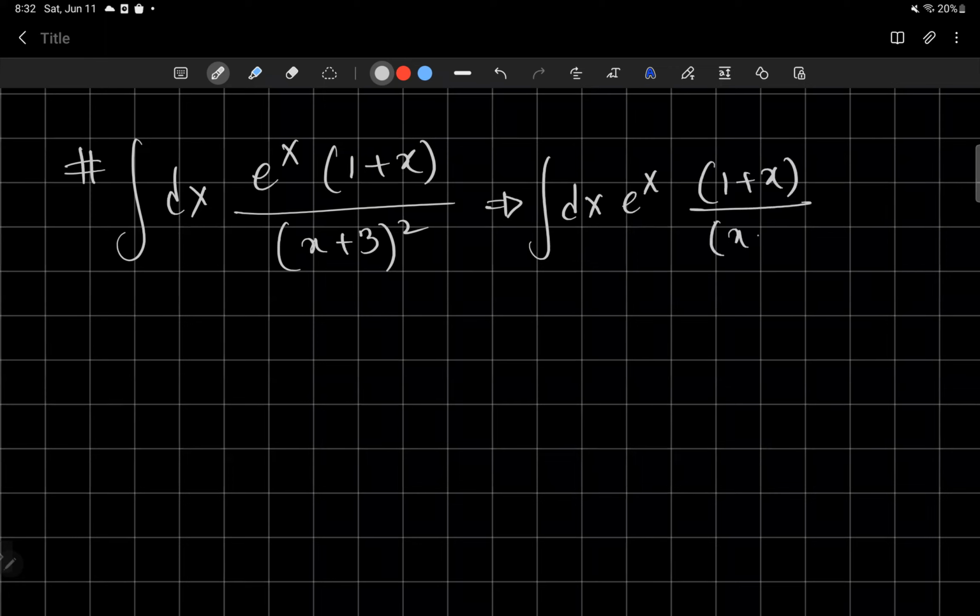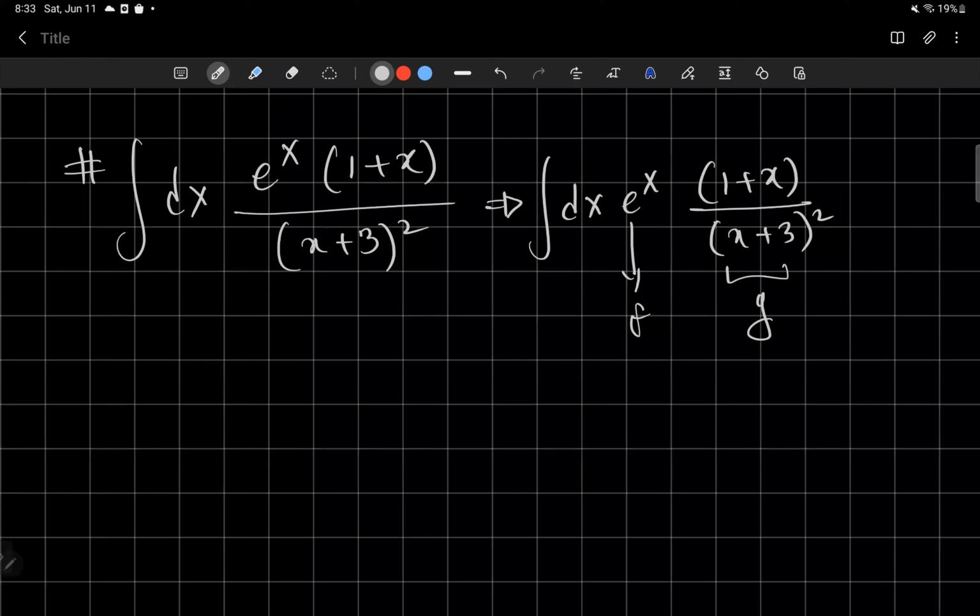because e to the x, if you want to have a Taylor series expansion of it, is a polynomial with infinite terms. So whenever you involve e to the x in the numerator, it's not a rational fraction anymore. But if you say this is some f and this is some g, then this g function, or this fraction, can be thought of as a rational fraction.